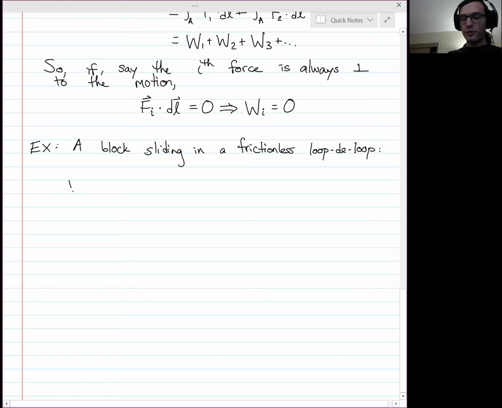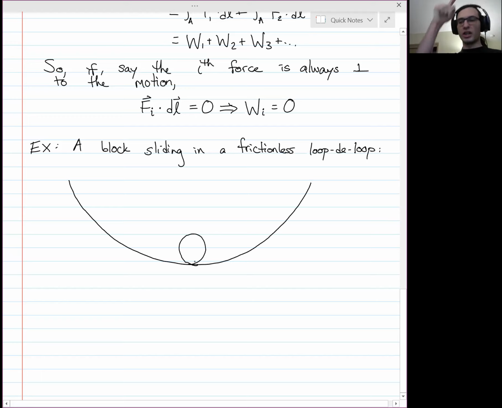So let's say that we have a ramp, and then at the bottom, we have a circle that the block can go through. So the block starts off up here, slides down, slides up the ramp, goes around, comes back down, comes out, and so on, right?